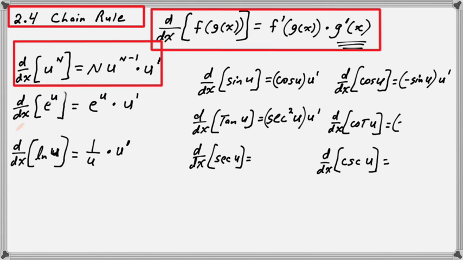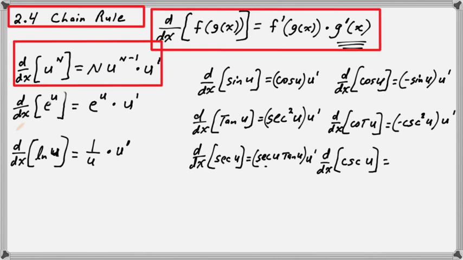Derivative of cotangent is negative cosecant squared of the same angle times the derivative of the angle.